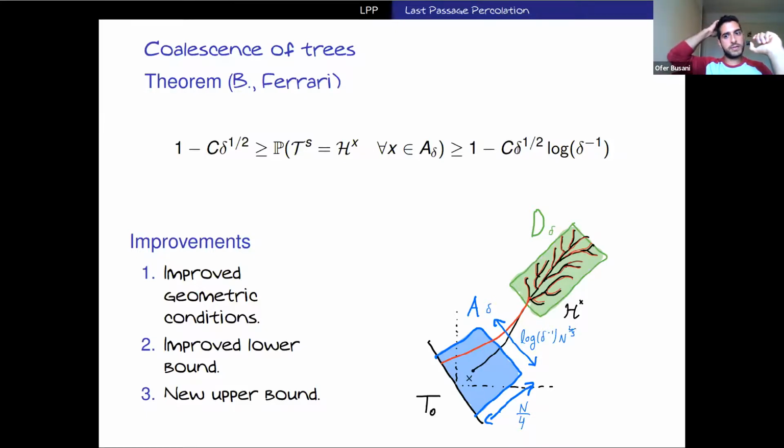So the results of Hammond about the non-existence of two disjoint geodesics starting close with two close endpoints, and the probability that they do not coalesce.